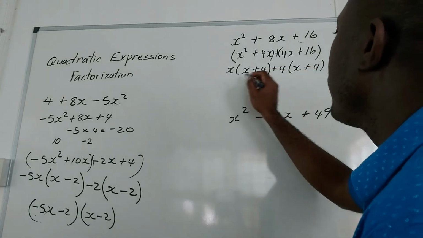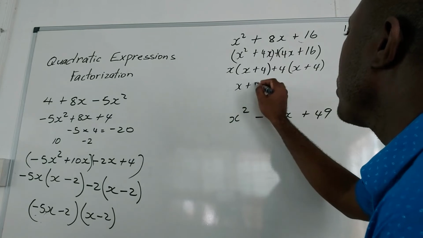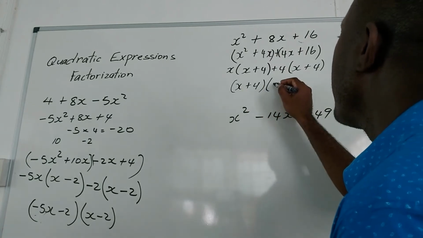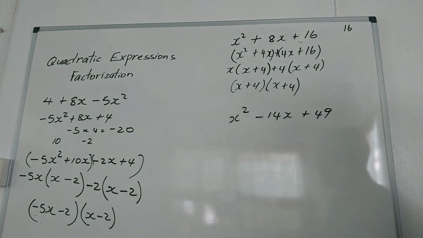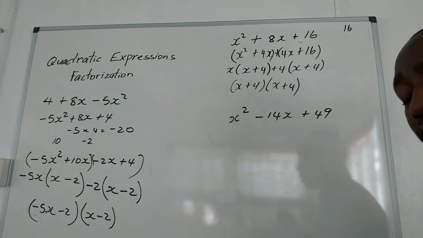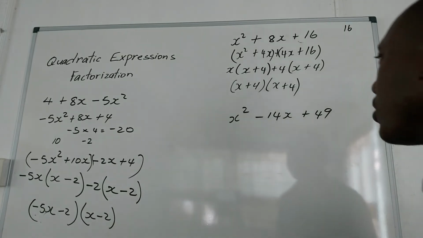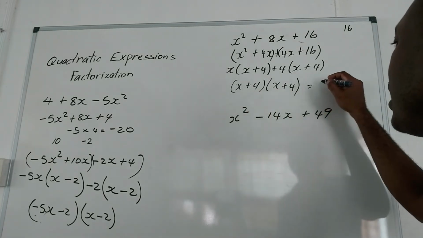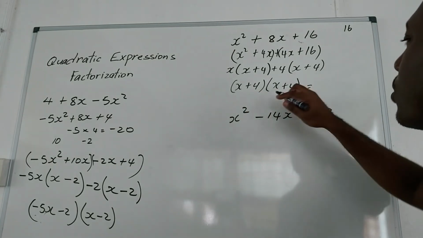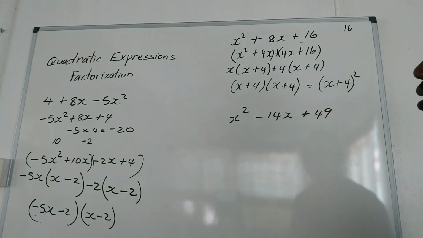Then when we put our factors in one bracket, we have x plus 4 times x plus 4. Notice both brackets are the same. From our earlier lessons in binomial expressions, when we multiply and the brackets are the same, we call that a perfect square. So we can rewrite this as x plus 4 to the second power.